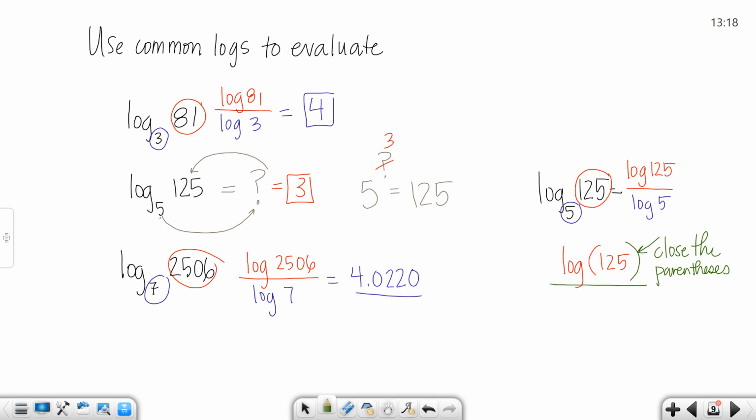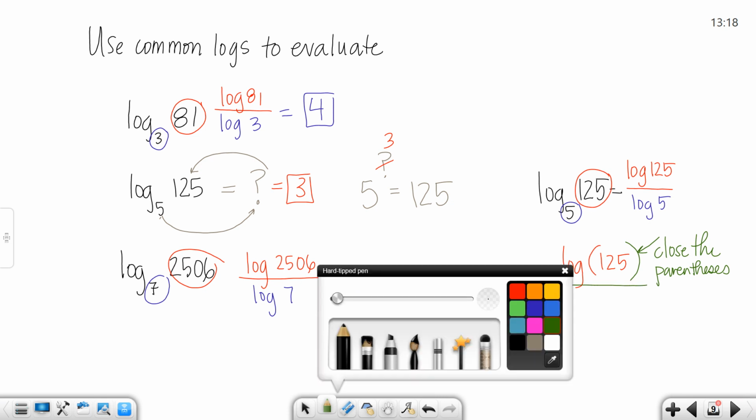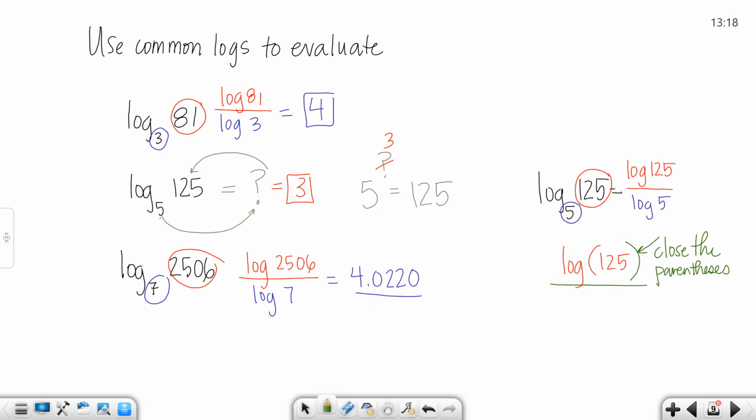So then after that, you hit the log of 125, close your parenthesis, divide, and then you hit the log of 5, close your parenthesis, and you get 3.